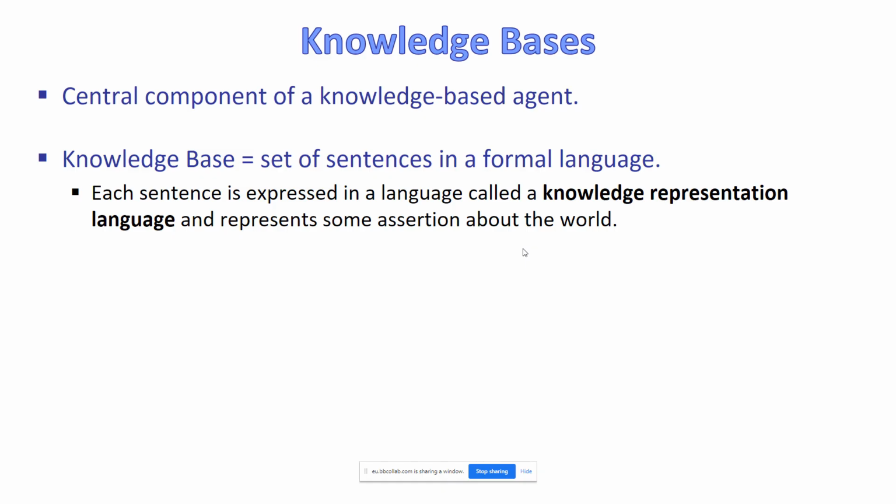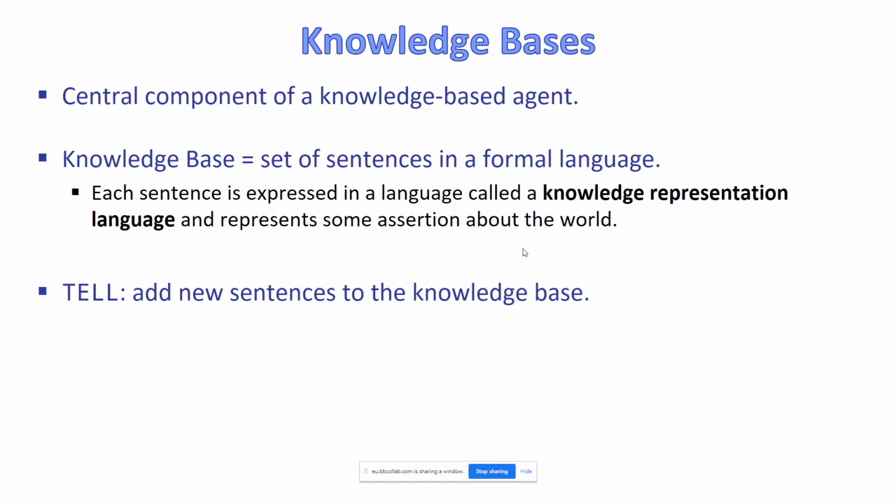This is the language that we use to represent the knowledge that we know. When we use it to represent the knowledge, we will represent the knowledge into sentences, and the sentences will represent assertions or facts about the world that we are interested in.